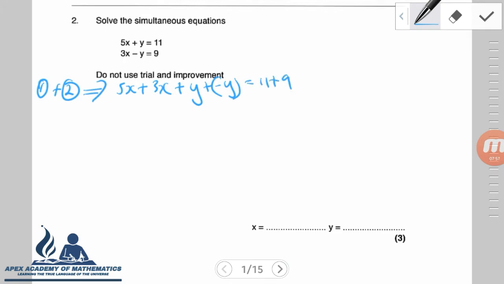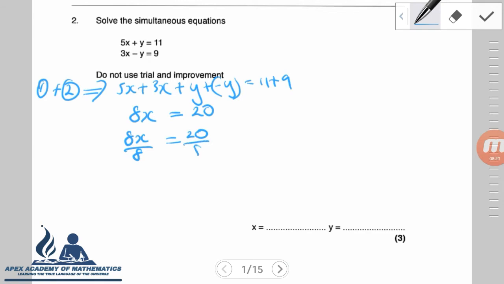So 5x plus 3x, that's going to give me 8x, and y plus negative y, that's the additive inverse identity, that's going to give me 0, and of course 11 plus 9, that's going to give me 20. Seems as if I'm going to get a fraction here for my answer. So I have 8x divided by 8, and that's going to be equal to 20 divided by 8.